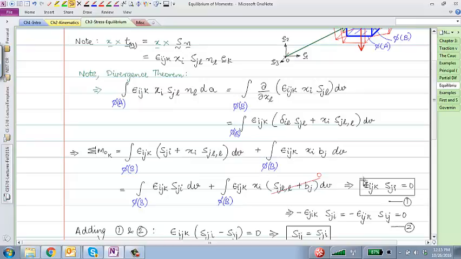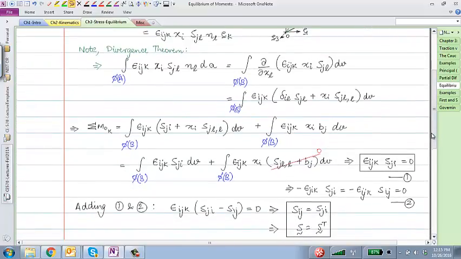But keep in mind that in epsilon ijk, a lot of those entries are 0, and we'll see what the consequence of that is. So I'll take that equation, epsilon ijk S_ji equal to 0. If I switch the order of i and j in the epsilon, what happens? Minus, right? Epsilon ijk is equal to minus epsilon jik. So from this equation, I get that this equals 0.